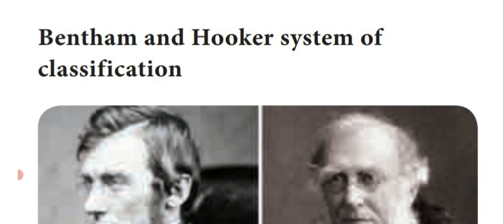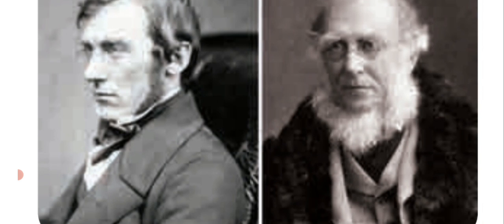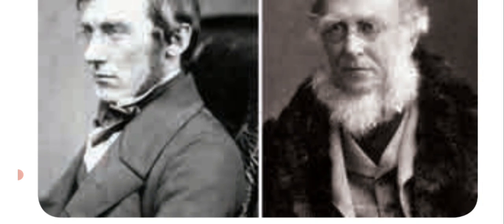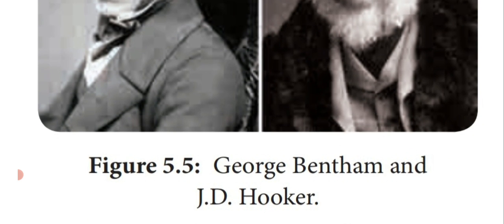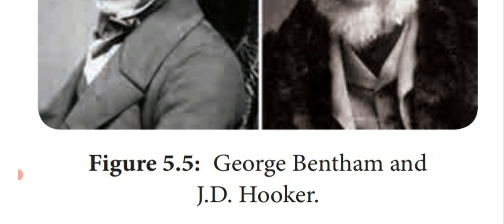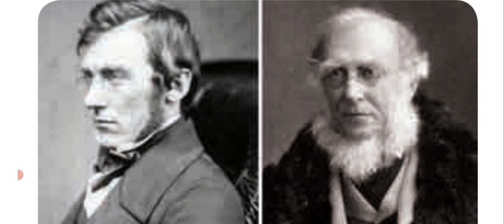So next we are going to the another system, Bentham and Hooker system of classification. See the diagram. These are the two scientists who proposed the Bentham and Hooker system of classification or natural system of classification. So first person is known as George Bentham, another one is J.D. Hooker.